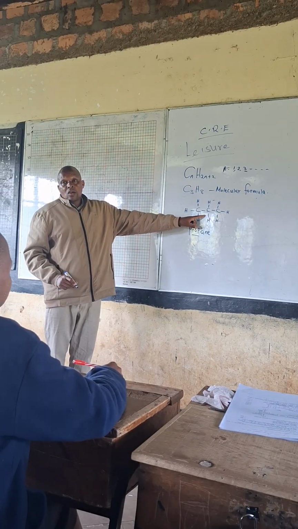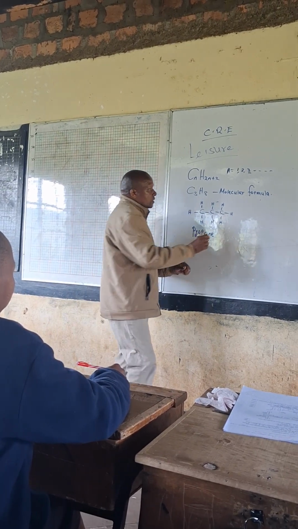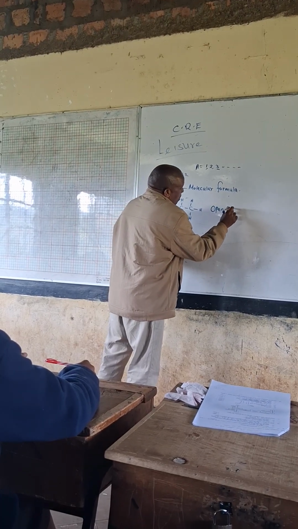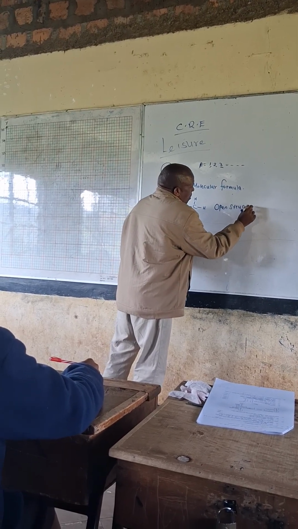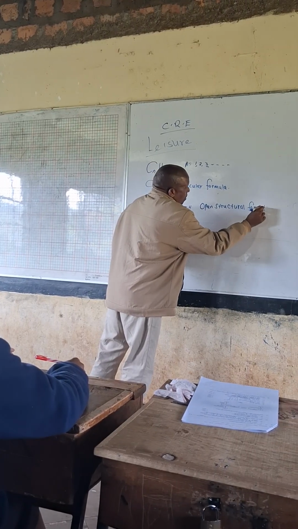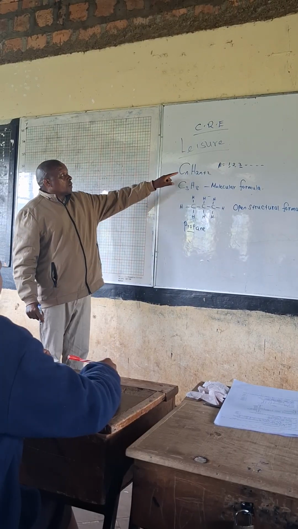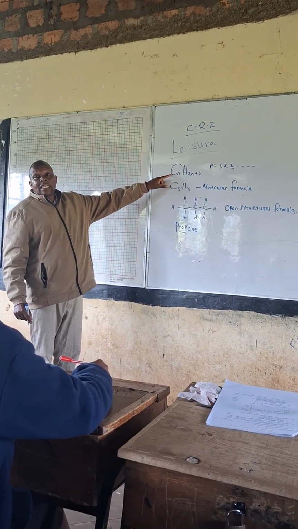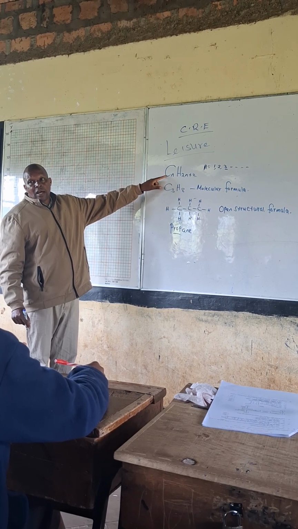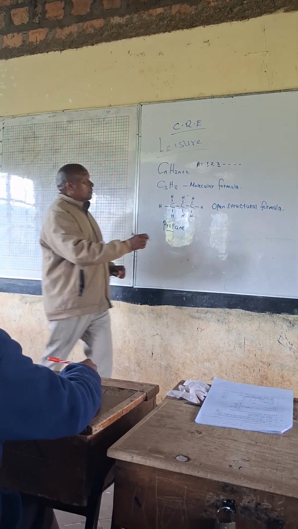This is the open structural formula. And then what you're having here is the general formula of the alkane homologous series.